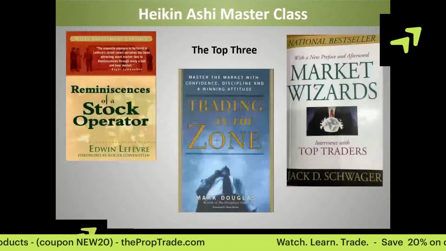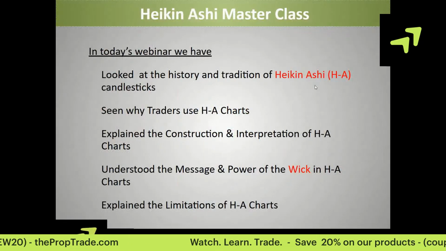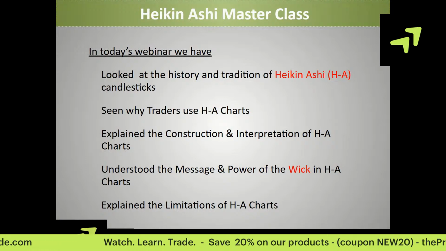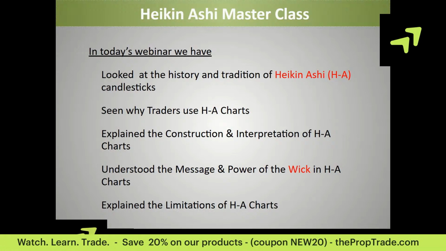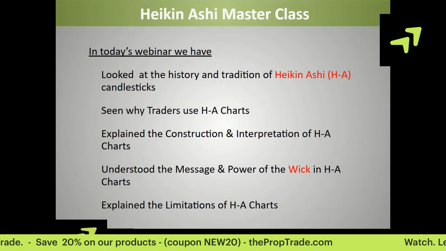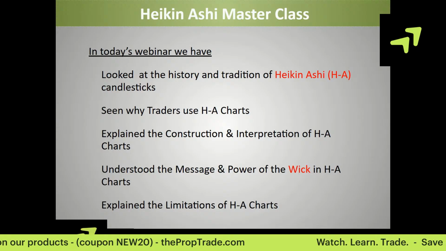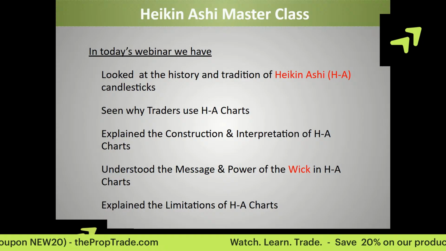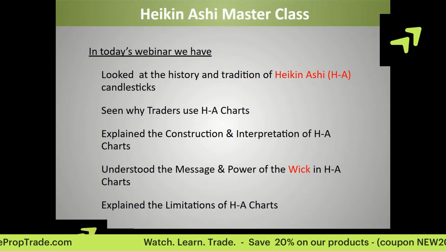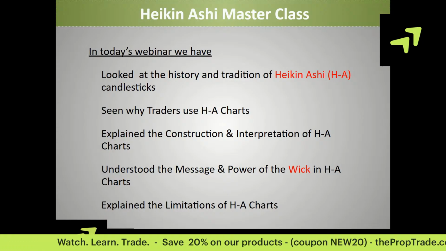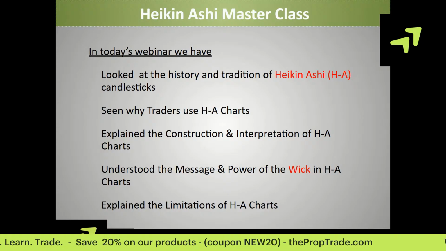So there we go. What we've looked at today is the background of Heikin-Ashi charts, why we use them, how it's created, and the interpretation of the wicks in particular, and the body of the candle. So remember, in synopsis, the bigger the body of the candle, the more significant the move.